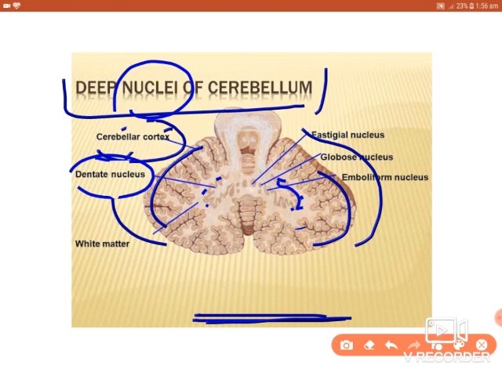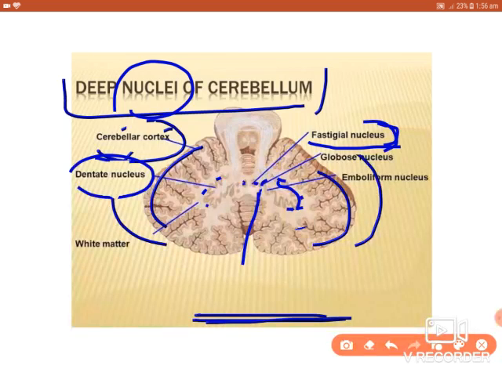Then medial to this dentate nucleus, you can see there is the globose and this emboliform nucleus. The globose and emboliform nucleus belongs to this paleocerebellum. Then median, there is the fastigial nucleus. This fastigial nucleus belongs to this archicerebellum.